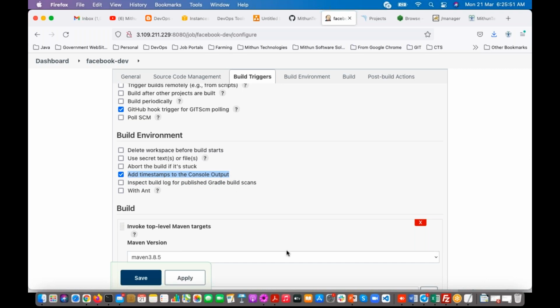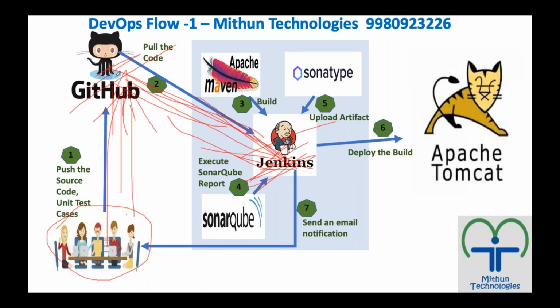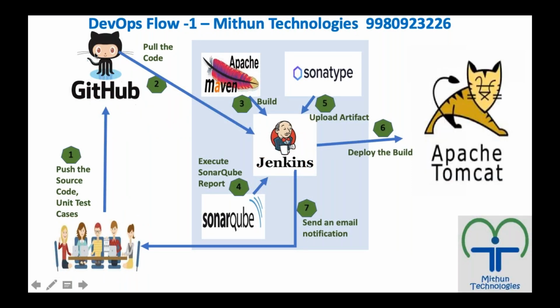And also, see, every time what will happen? It will get only the updated code. The very first time, it will get all the code. After that, only the updated code is going to be fetched.